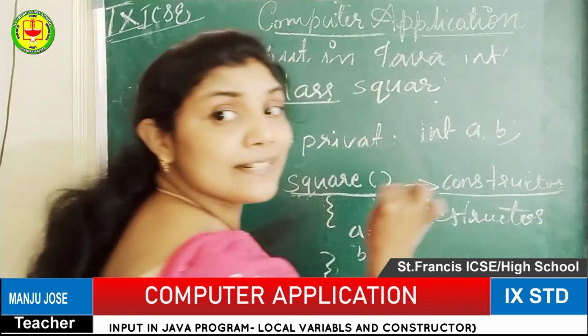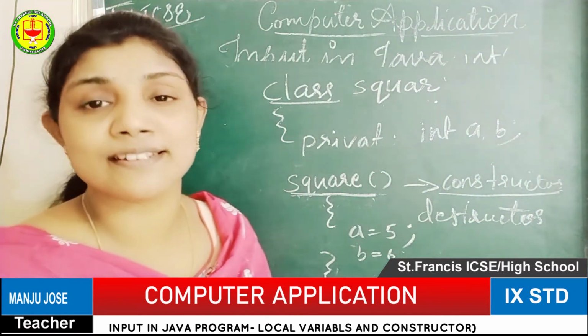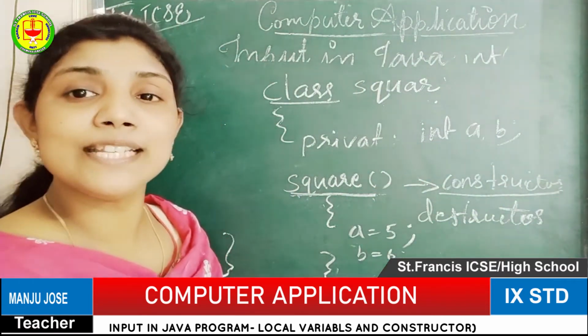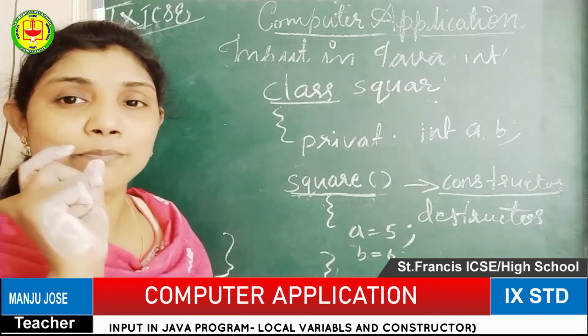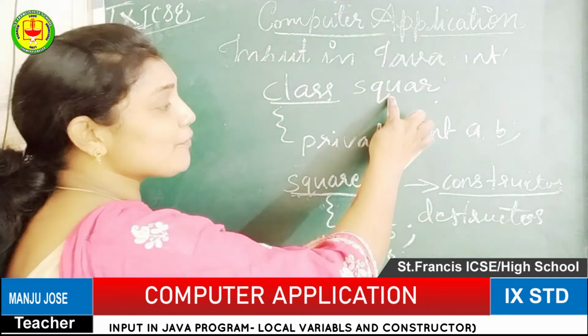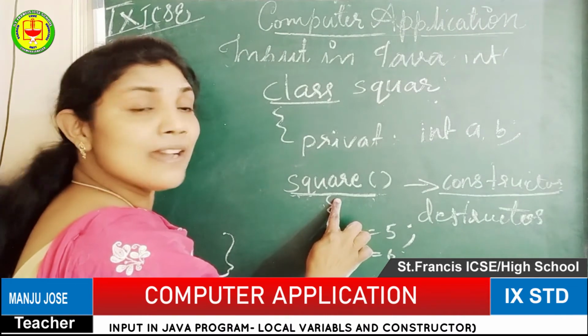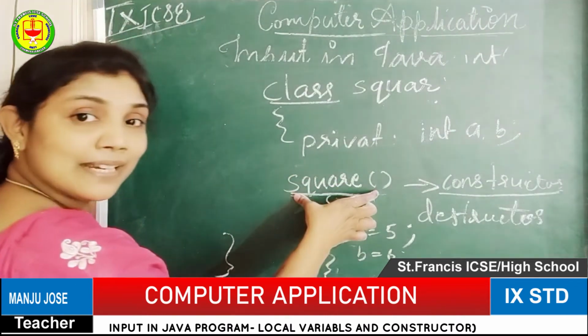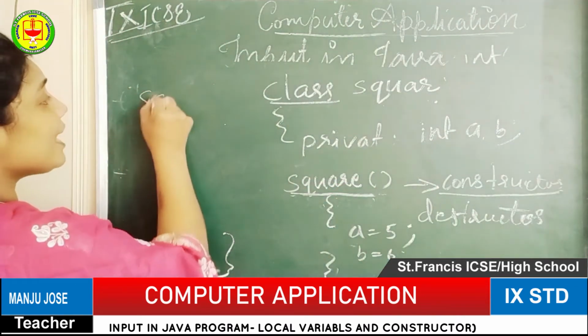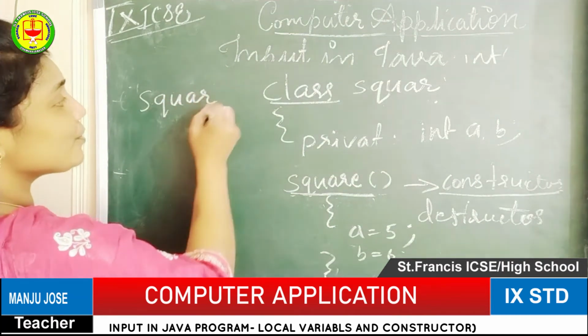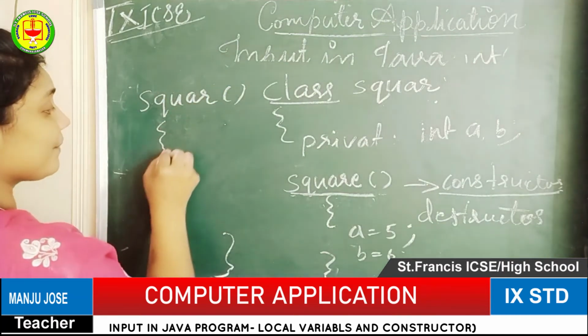Destructor means destroying the initialization. How will the destructor be? Nothing much, only small changes. We use the same class name that we use to declare the constructor. The same class name is used for the destructor.